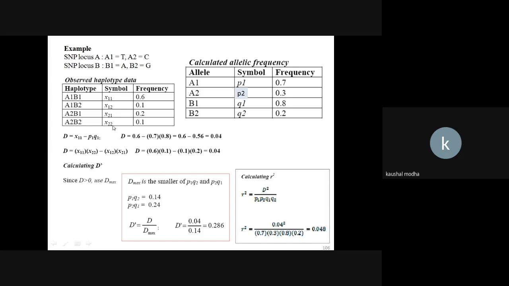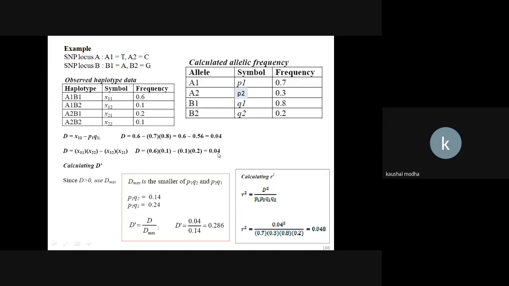So D is equal to X22 minus the frequency of A2 and the frequency of B2, that means P2 and Q2. X22 here is 0.10. Remember this, 0.10 minus P2 multiplied by Q2, 0.3 multiplied by 0.2, which is 0.06. So 0.10 minus 0.06 will also give you 0.04. This is how the D value is calculated.